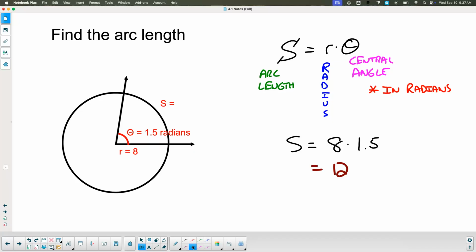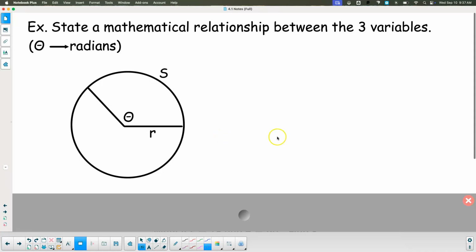We don't have any units in our distances, so we're just going to leave it as S equals 12. Questions, comments, concerns, clarifications? Okay. Kicker here is we have to make sure that we memorize S equals R theta.